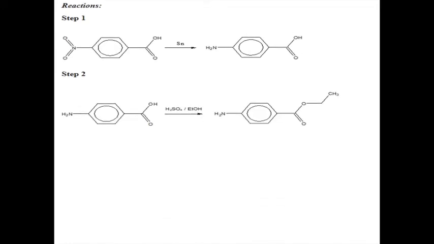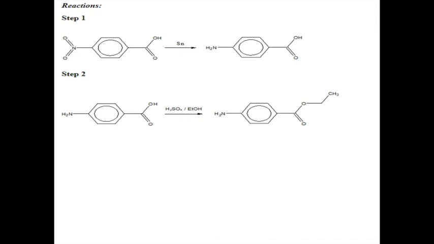Now we'll look at the reaction and the mechanism. First we'll look at the reaction. As we discussed, it is a two-step reaction. In step number 1, there is a conversion of para-nitrobenzoic acid to para-aminobenzoic acid.